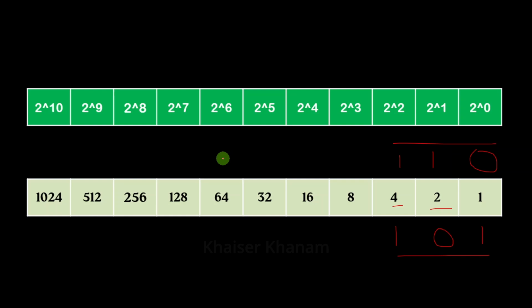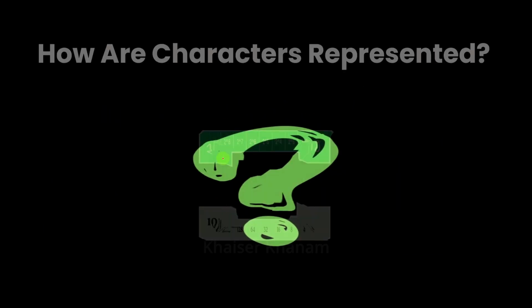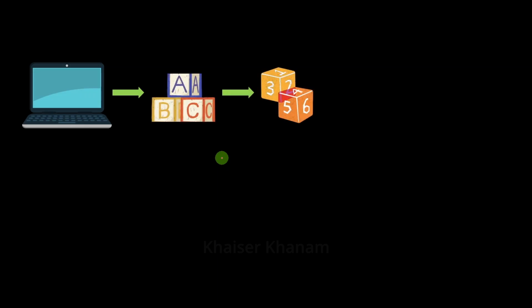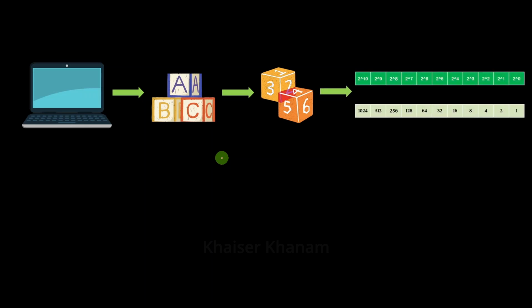Whatever we have seen is only for numbers. So again, you might have questions. How are characters represented? Normal numbers are already numbers, so accordingly we calculate and get the result. But how will characters be represented and converted into binary representation? For characters, what happens is that our computer, for each and every character, first converts it to a number, and whatever number we have, that number is converted to binary representation using the base 2 numeric system.